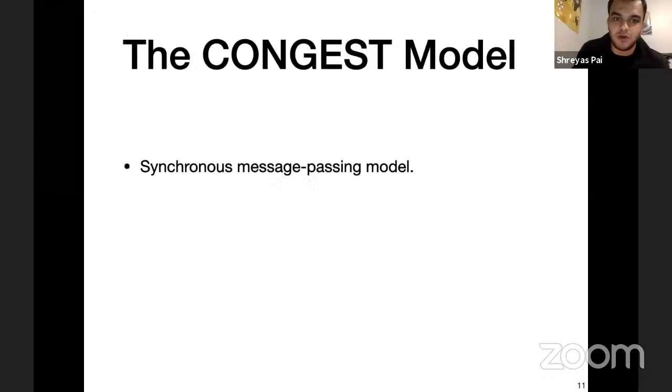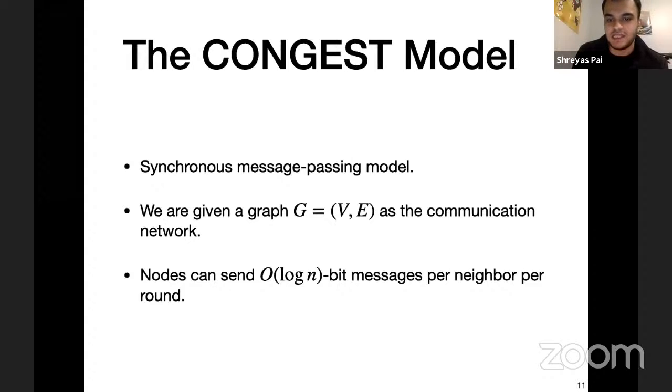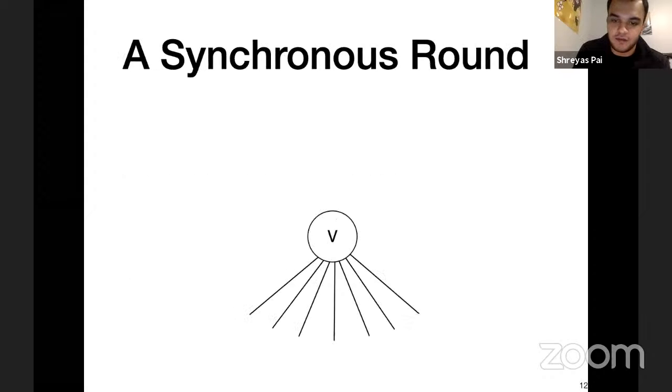The CONGEST model is a synchronous message passing model, and you're given a graph G, which is also assumed to be the communication network. And the nodes can send log n bit messages per neighbor per round. A very important feature is that all the computations are in fact done locally.